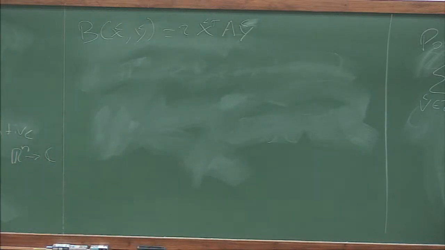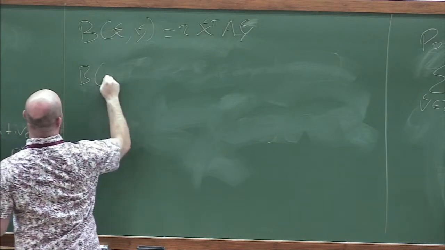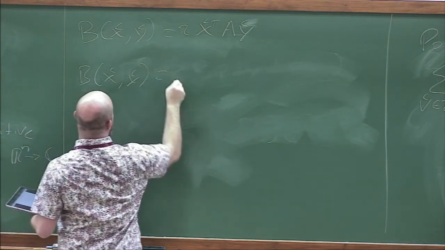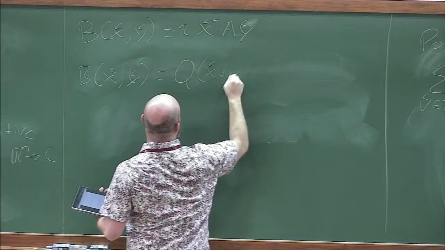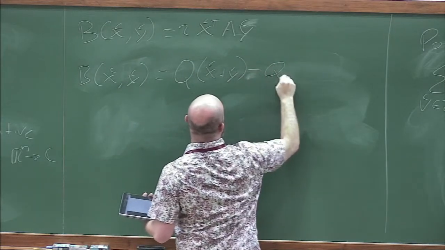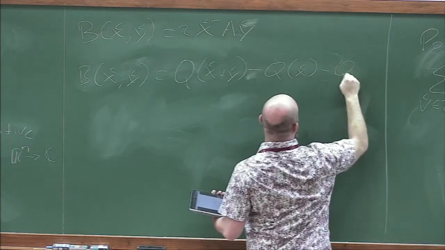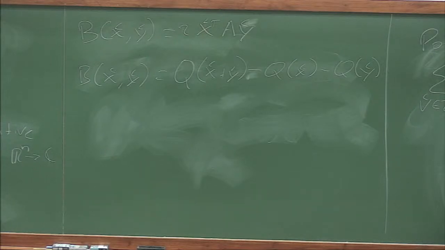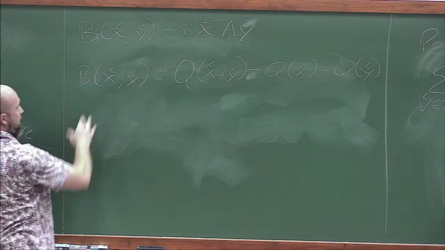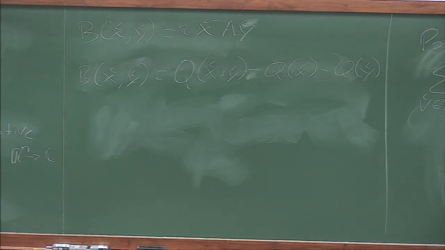So this satisfies that our bilinear form of x comma y is equal to the quadratic form of x plus y minus the quadratic form of x minus the quadratic form of y. So this is just our standard notation. Again, I like to think about it in terms of the matrix, but if you like to think about it in terms of these quadratic forms, then we can always use that notation.